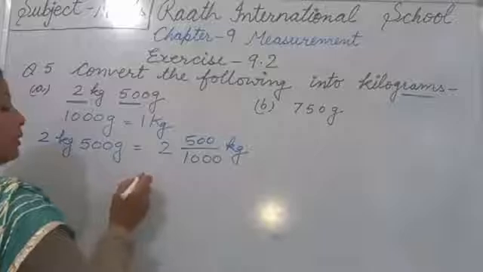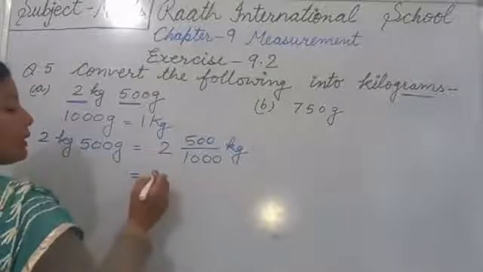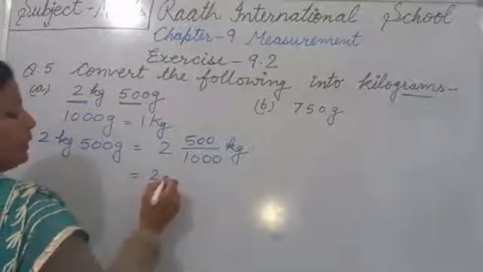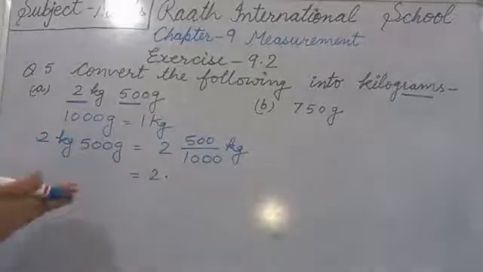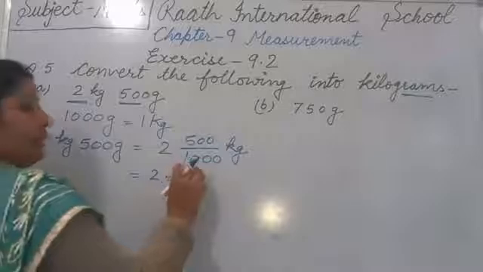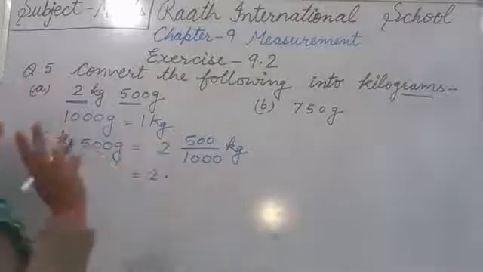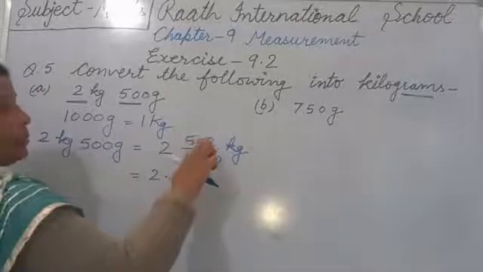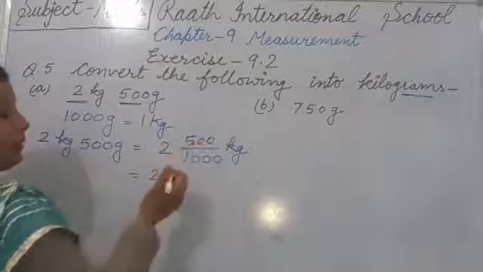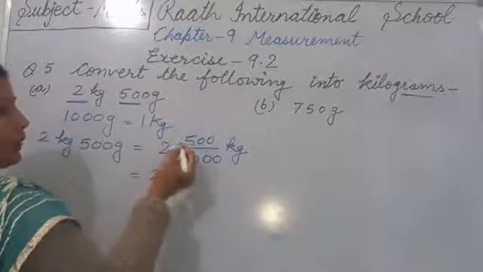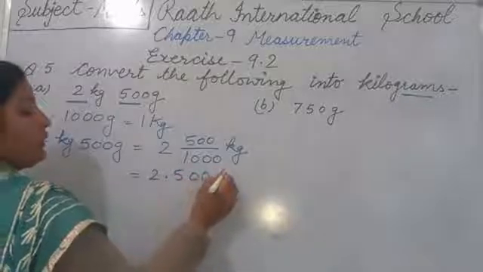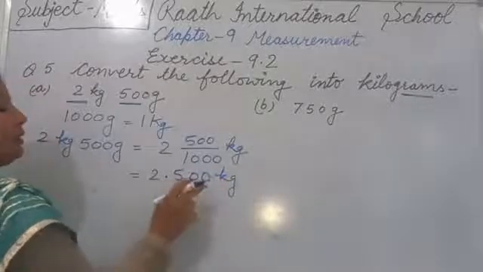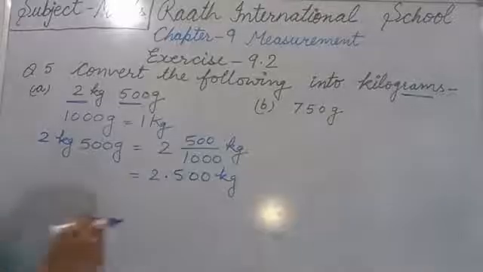Okay. Now 2 is already whole, so it will come before decimal. Now we write 500 upon 1000, that is in the decimal form. So in 1000 we have 3 times 0, that means we will take 3 decimal place. And there is already 3. 1, 2, 3. So before this we can put the decimal. So 500 kg. 2.500 kg. That's your answer.